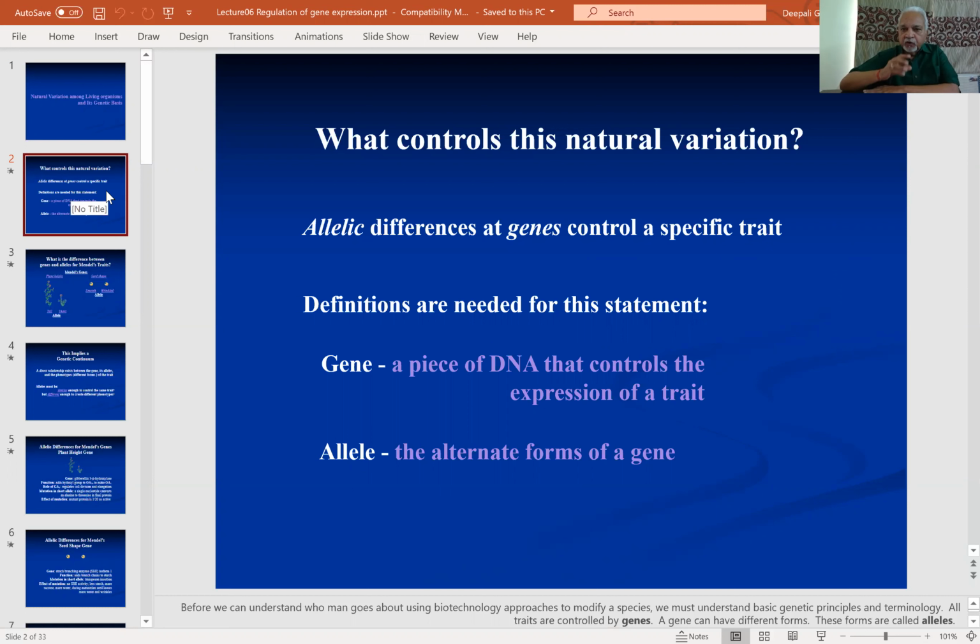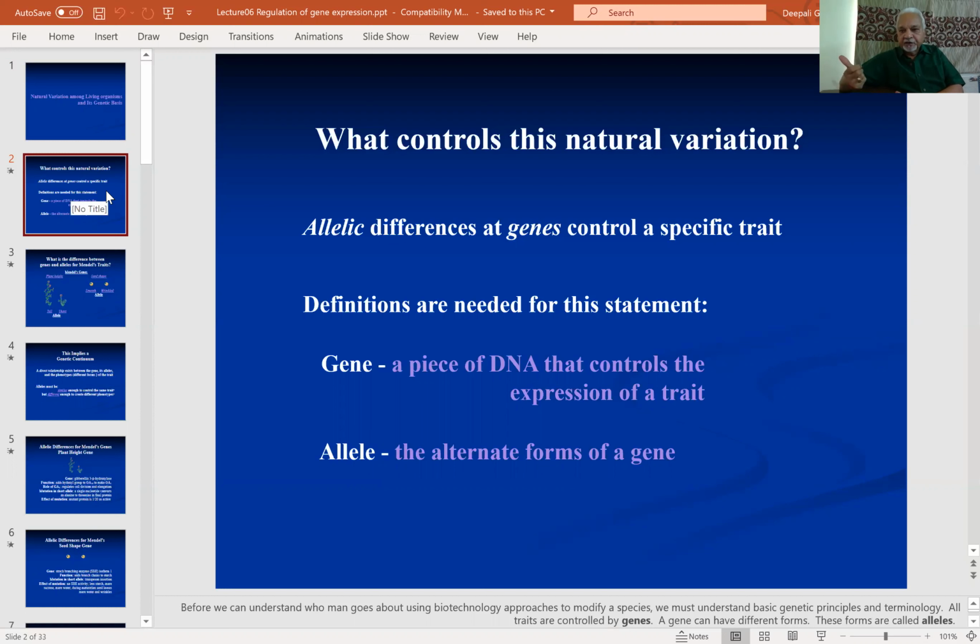So what I'm trying to say is it is the allelic difference at the gene level which controls a specific trait. So let us define what is gene and what is allele. Gene basically is a piece of DNA which controls the expression of a trait.